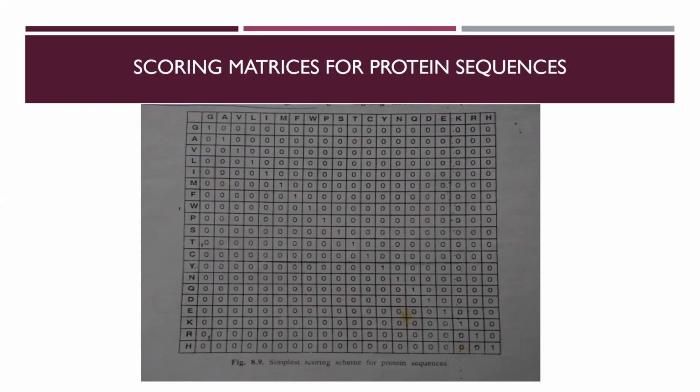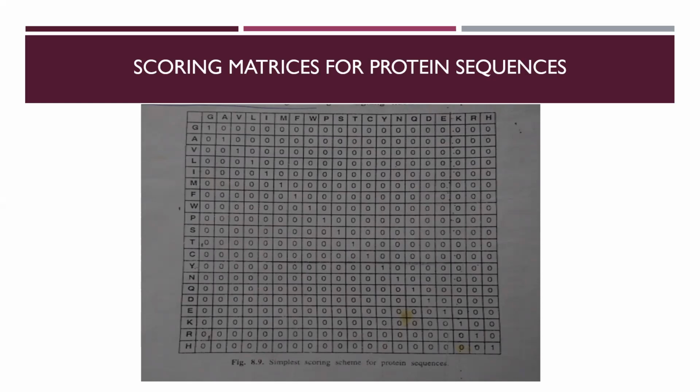Also, scoring matrices are developed based on the genetic code used for protein sequence alignments. In these matrices, the scores are given based on the number of mutations required in the nucleic acids for changing one amino acid into another.